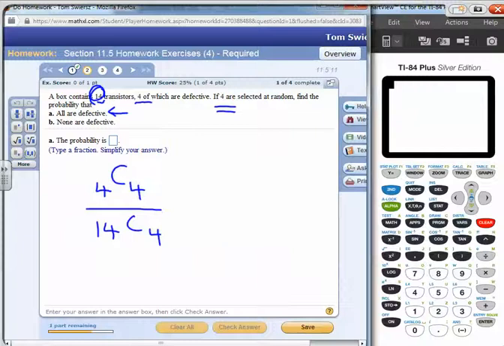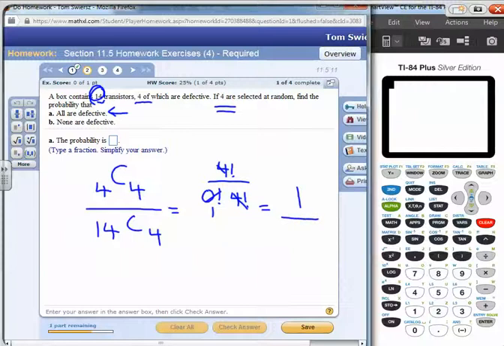Now 4C4, if you do the formula, it's 4 factorial over 4 minus 4, which is 0 factorial, times 4 factorial, that's 1. These just cancel, so you just get 1, which makes sense. There's only one way to pick all 4 from 4 when order doesn't matter.